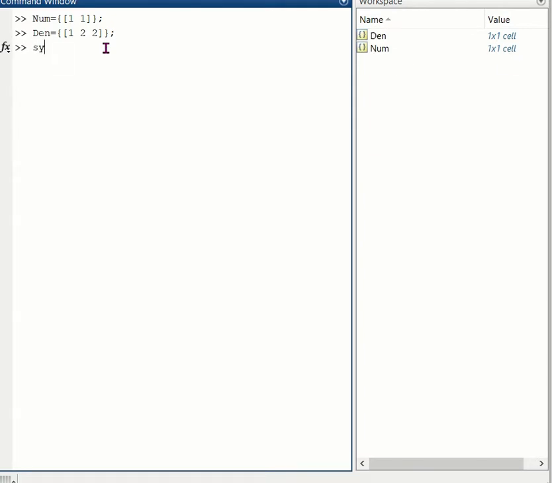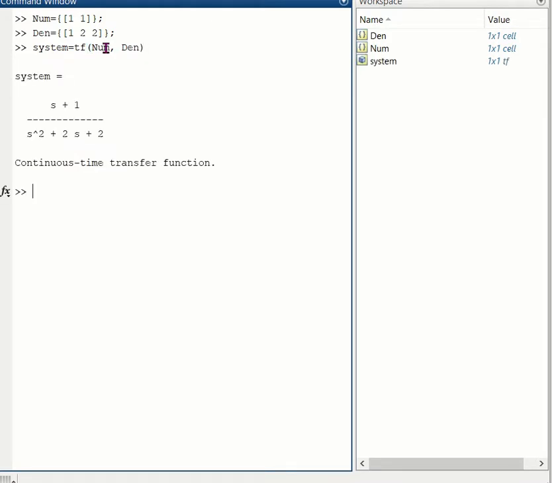Now the system can be written as, let's define the system as transfer function, the numerator we have defined above, and the denominator. Let's look at what the system is. This is the system defined as s plus 1 divided by s square plus 2s plus 2, a continuous time transfer function.